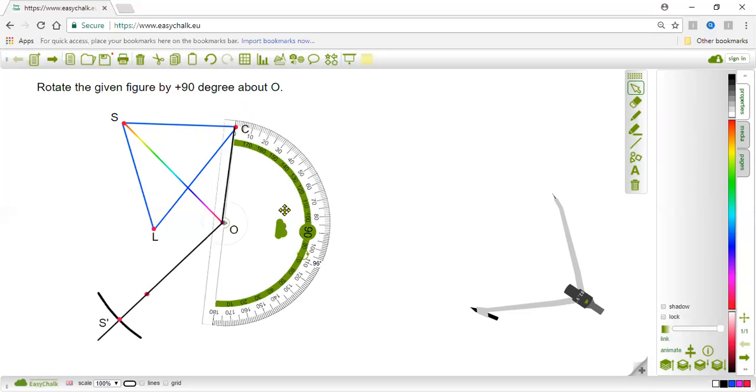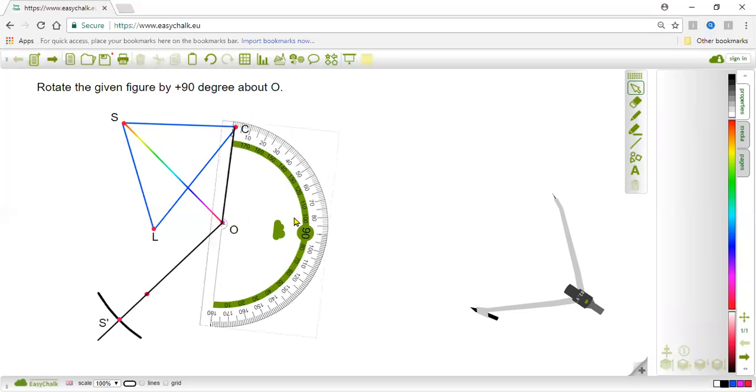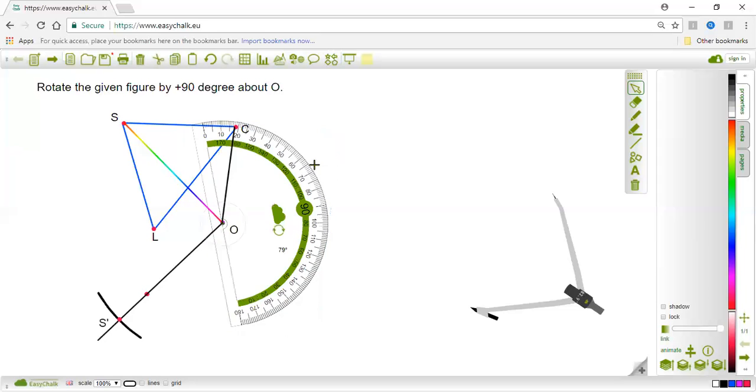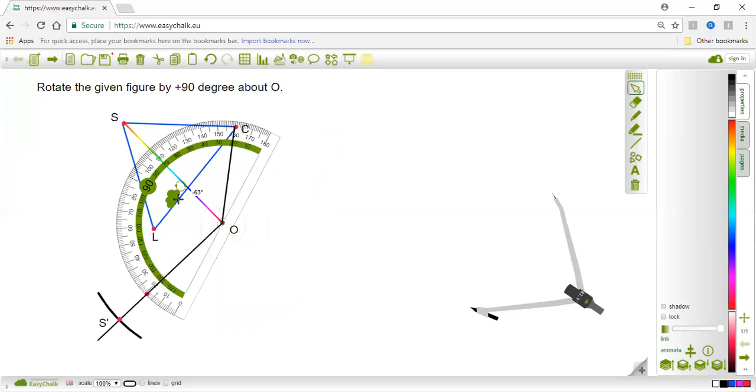Let's put the protractor like this. If we put the protractor like this, the angle will be in the clockwise direction, but according to the question the positive sign is given, so we need the angle in the anti-clockwise direction.